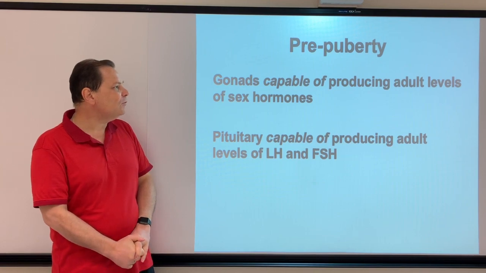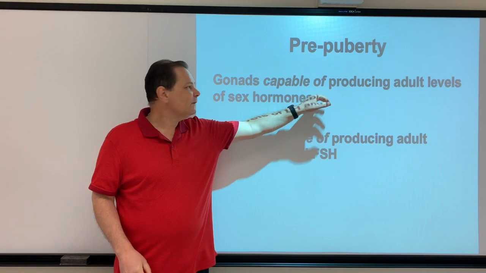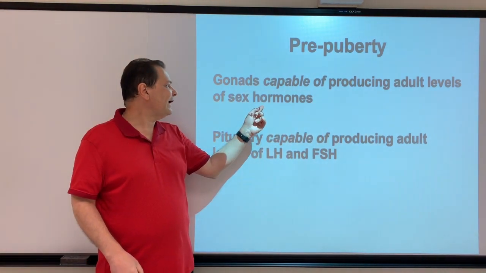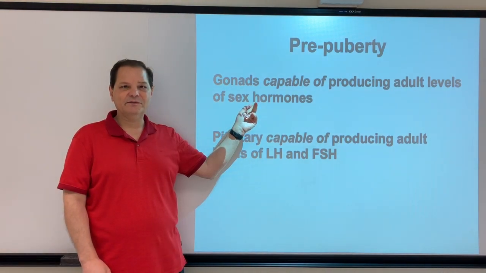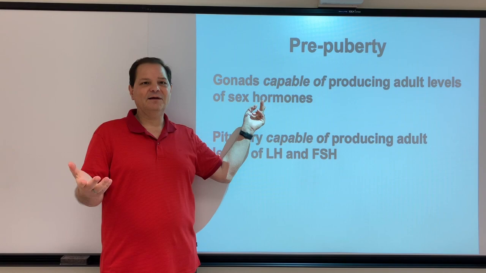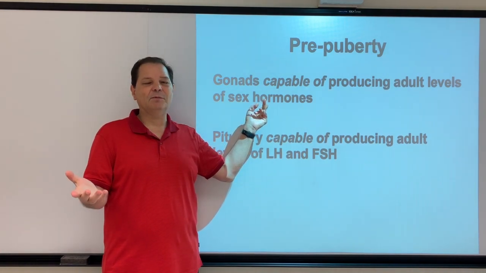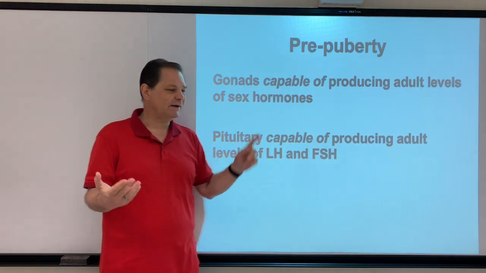What we do know, at bare minimum, is that pre-puberty, the gonads are capable of producing adult levels of sex steroids. So it isn't that the testes and the ovaries aren't capable of producing enough testosterone and estrogen to mediate sexual maturity.